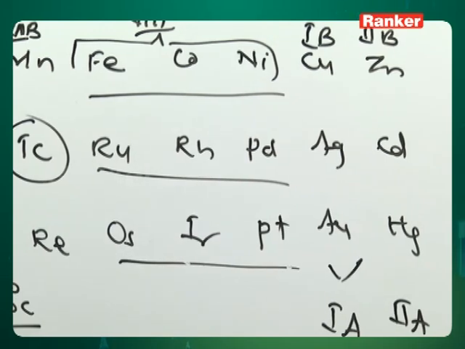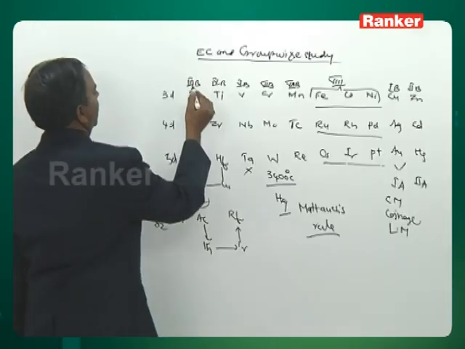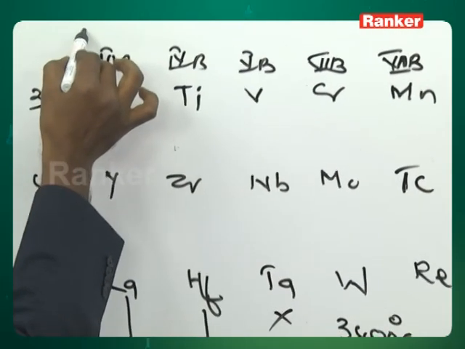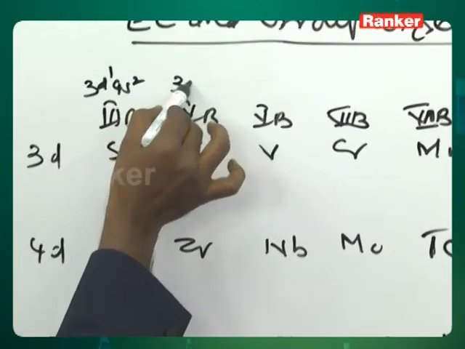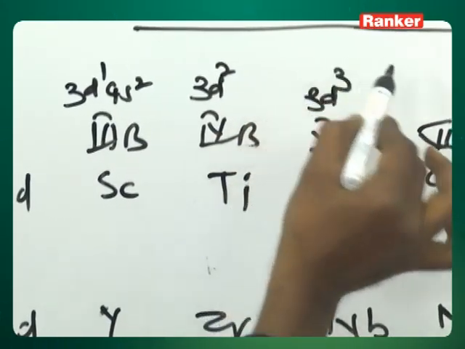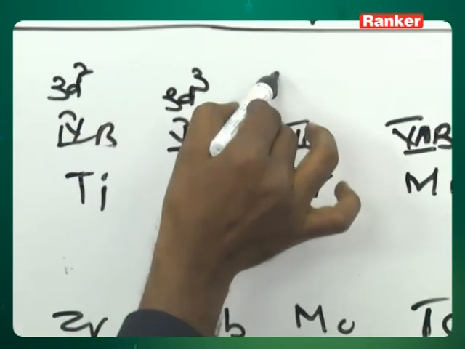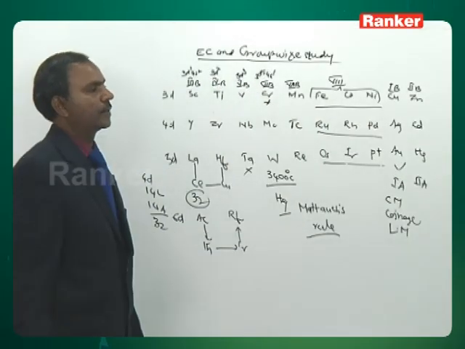Now let us see the electronic configurations of these elements. In the case of scandium, you can take it as 3d1 4s2. This is 3d2 4s2. This is 3d3 4s2. This is 3d5 4s1, an exception, chromium.